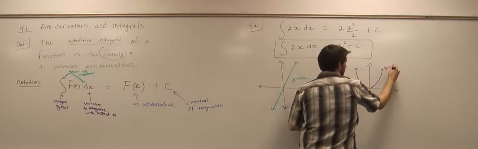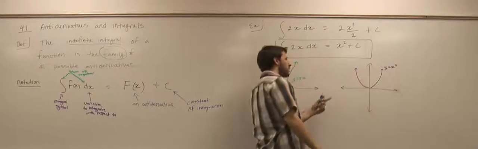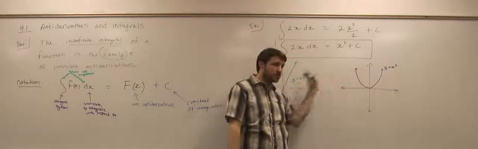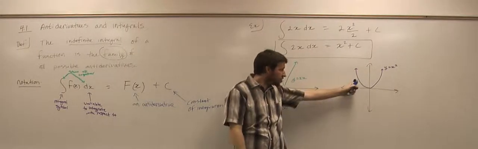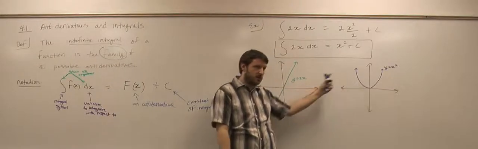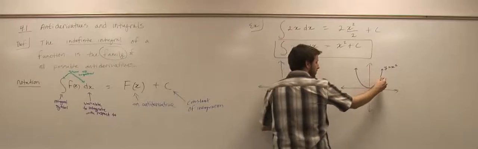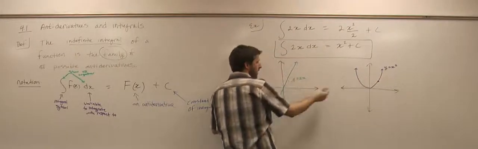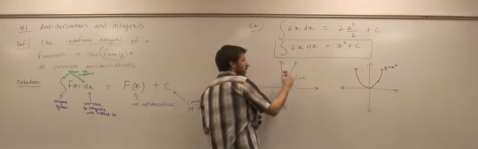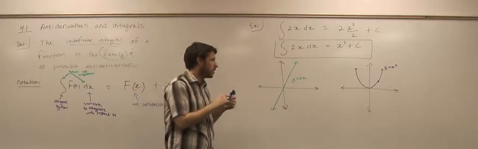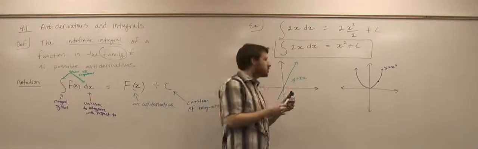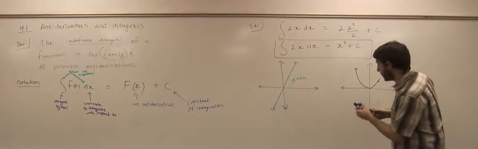Here's x squared. And the relationship between these two is that the slope at any point here is equal to the y value of the original function. If I found the slope of the tangent line at x equals 2, it would be equal to the y value of 2x at x equals 2. But it doesn't matter if you move the function up and down. So this is one possible antiderivative.